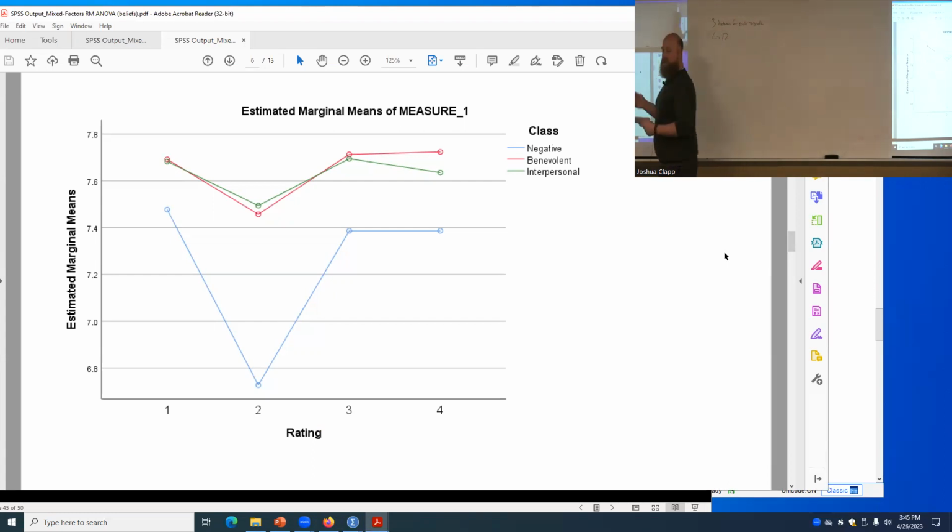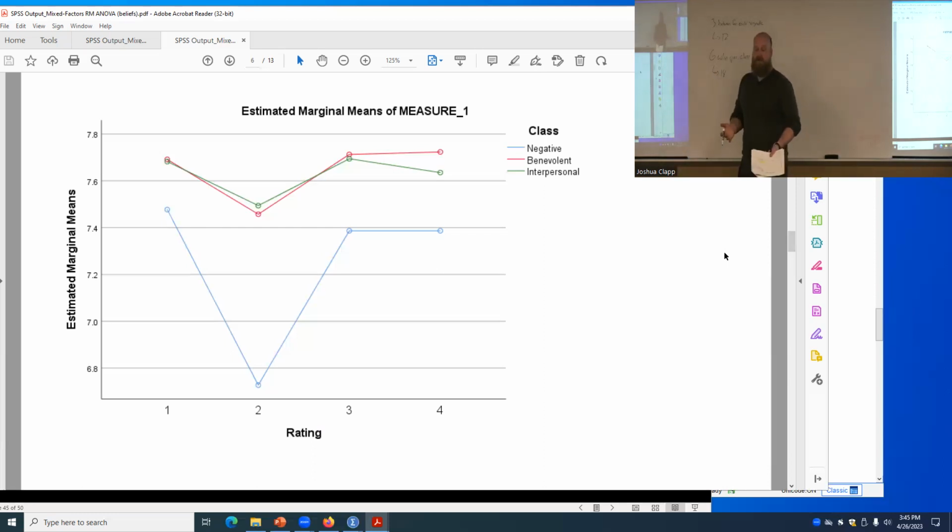Then within group, if I wanted to compare all possible responses to vignettes, I've got 1, 2, 3, 4, 5, 6, so 6 per class, which gives me 18. So we're back to 30 possible comparisons that could be done within this.